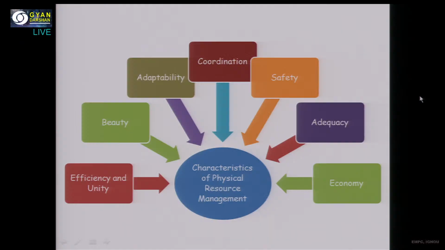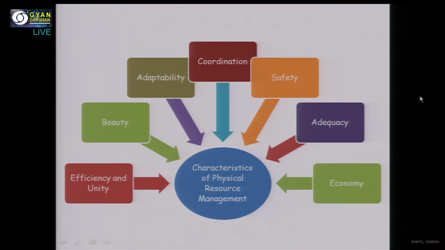Whatever resources we purchase, we have to check the safety of that particular resource. Then coordination. How do we coordinate when there are a lot of resources? How do we arrange them? How can insufficiency of space be adjusted by the purchasing of resources? All these things should be taken into account.